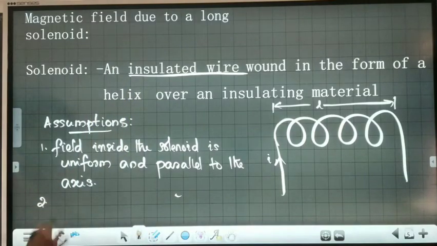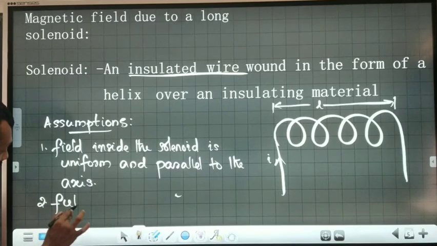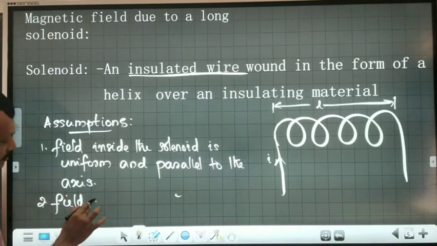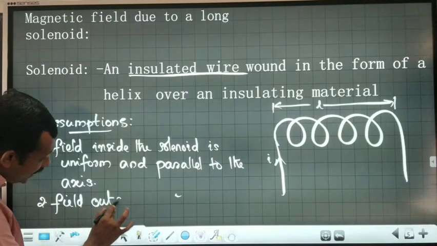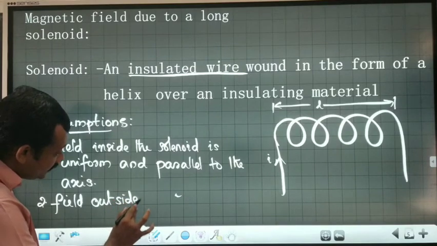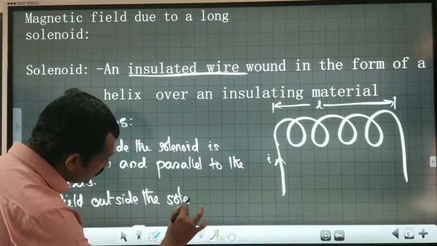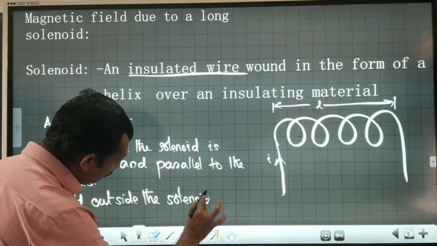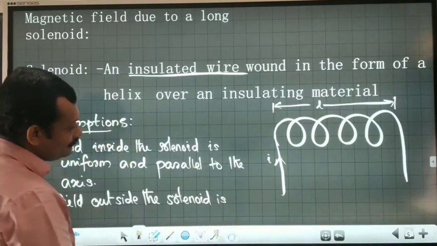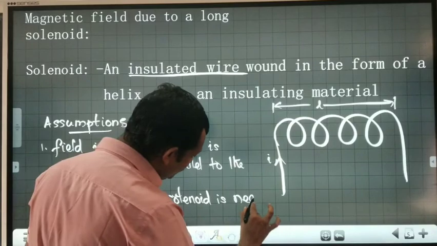Assumption number two: the field here means magnetic field. The field outside the solenoid is negligible.